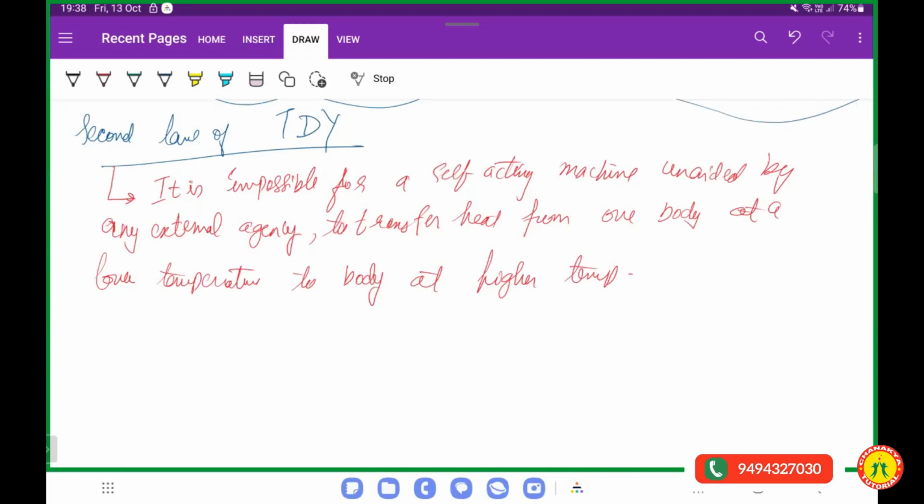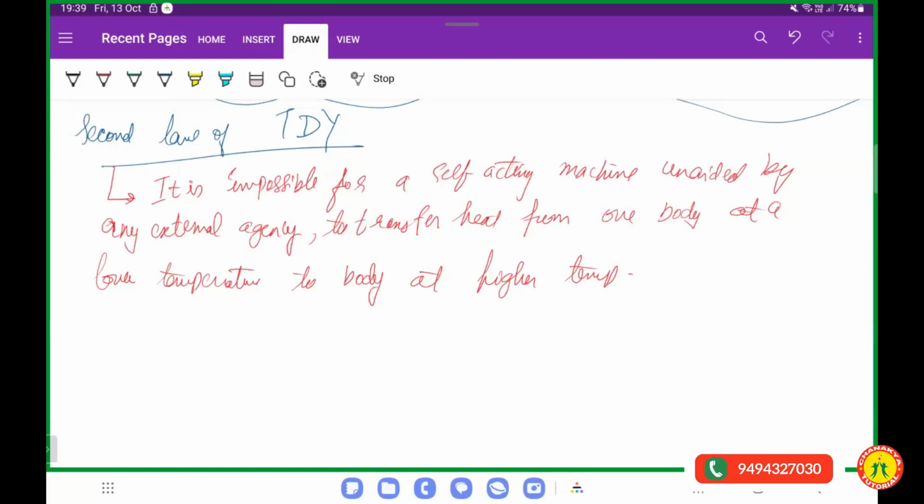Now, what it says: it is impossible for a self-acting machine unaided by any external agency to transfer heat from a body at lower temperature to a body at higher temperature. Generally heat transfers easily from the hotter body to the colder body.